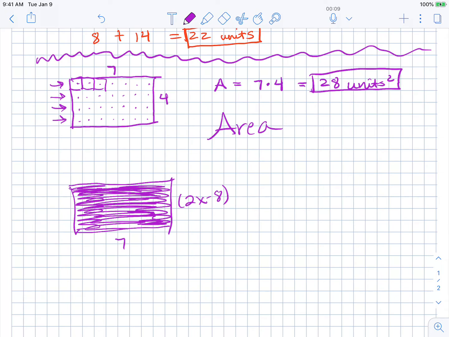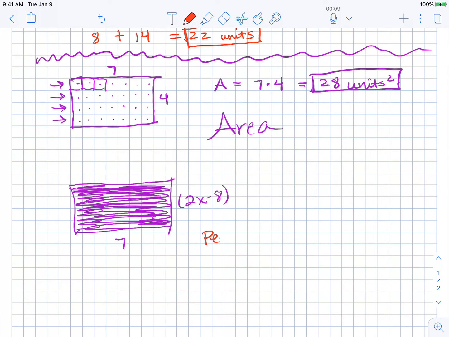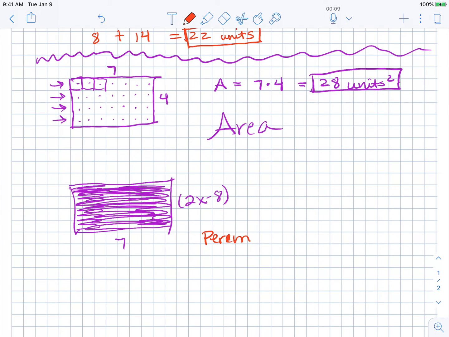All right, well, if I want to find the perimeter, I'm going to add all the sides together.